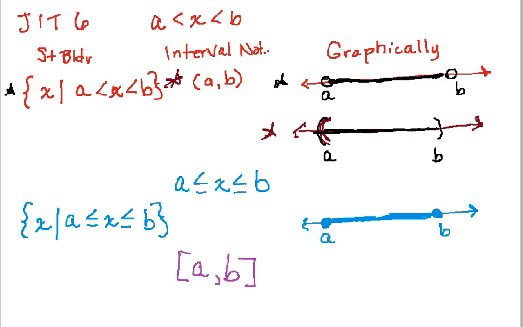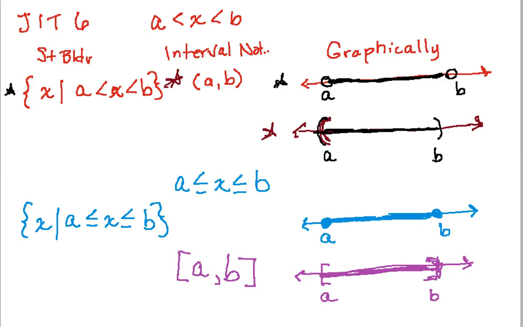In this case, again, we would have our square brackets. Let me make that a little taller. So that's a square bracket. There's my A, there's my B, and it's everything in between there. Okay, so hopefully that's making it really clear what's happening.